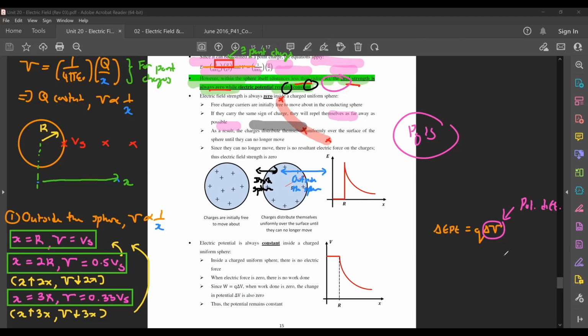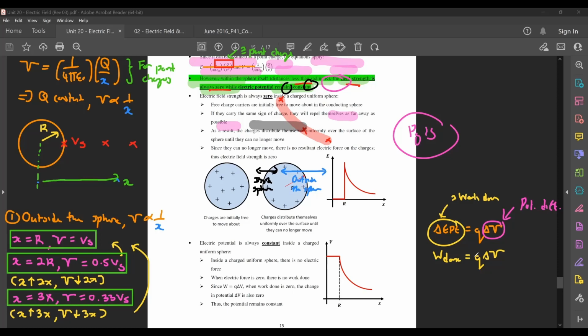Okay, the difference in potential between 2 points. So change in electric potential energy is equals to Q times delta V. All right, but at the same time, change in electric potential energy is equals to work done, isn't it? So I could say this. Work done is actually Q times delta V.